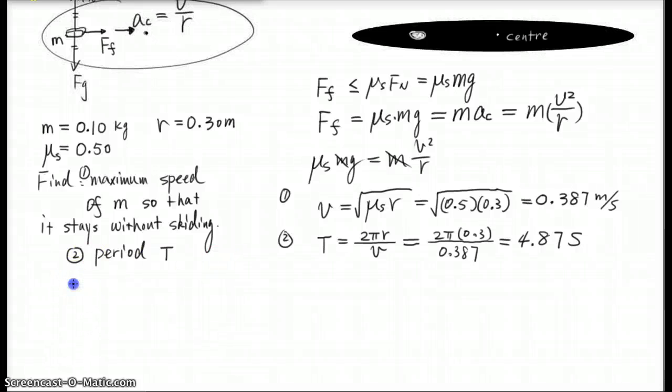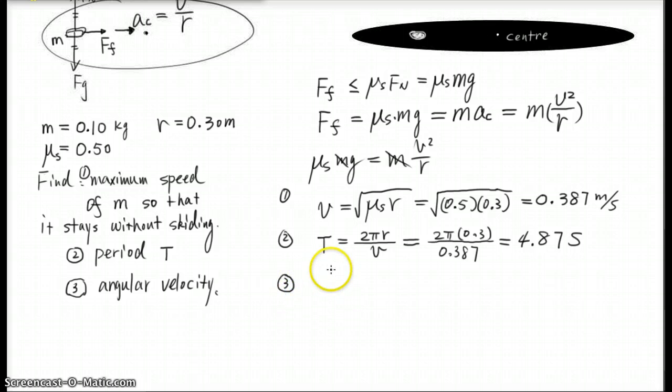And also, what if the question asks for the angular velocity? Angular velocity means how many angles it sweeps over unit time. So this is number 3.